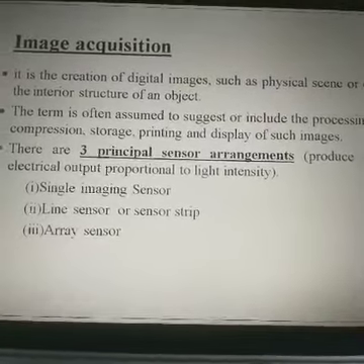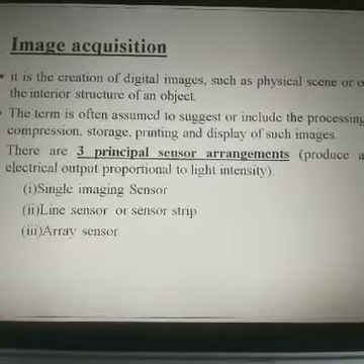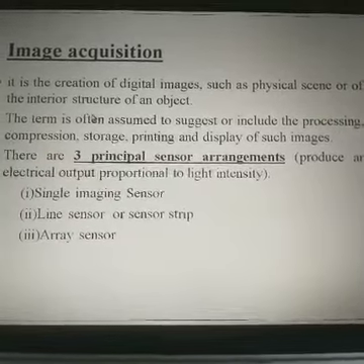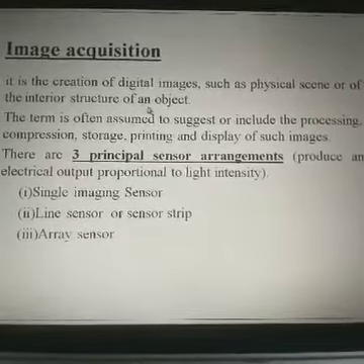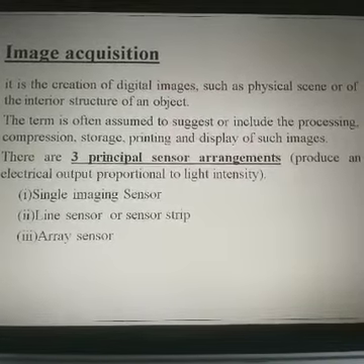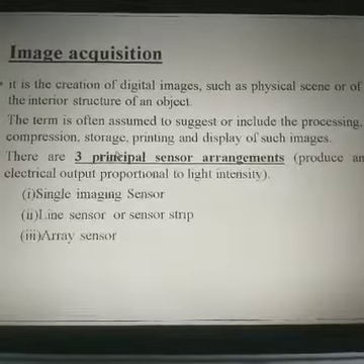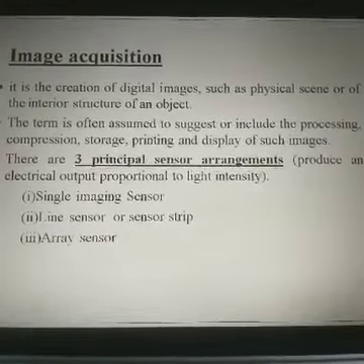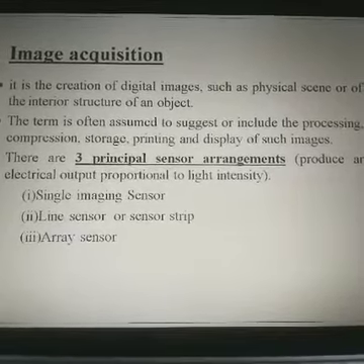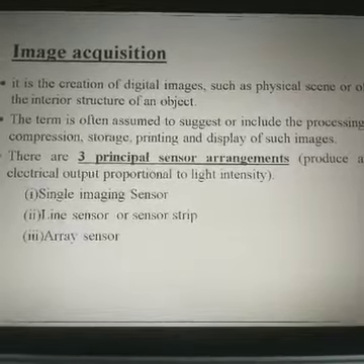We can also define image acquisition as the creation of digital images, such as of a physical scene or of the interior structure of an object. This is often assumed to include pre-processing. Image acquisition may basically include pre-processing and also scaling.